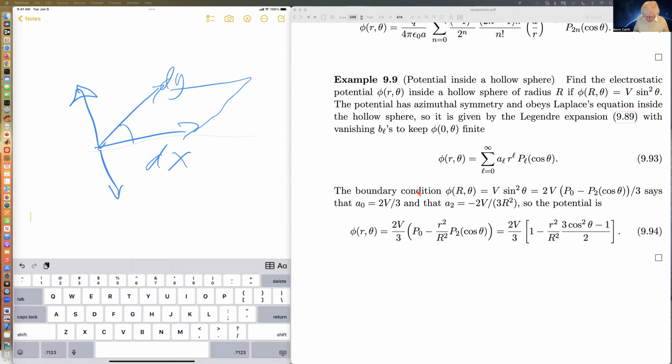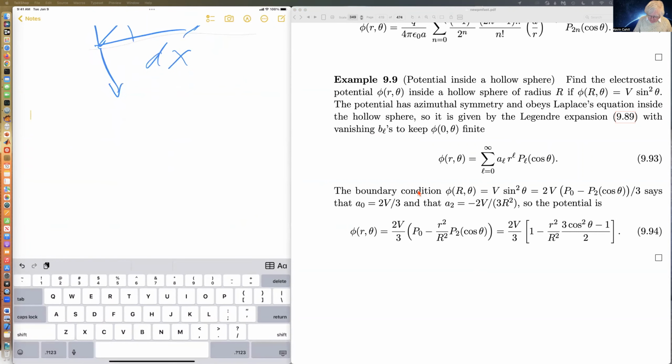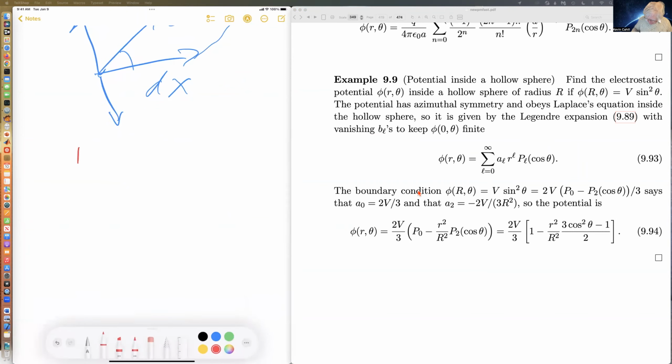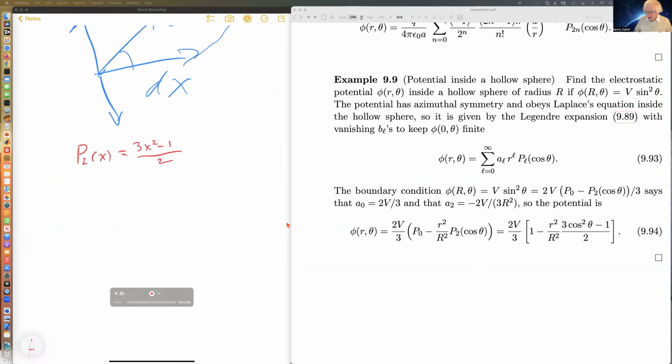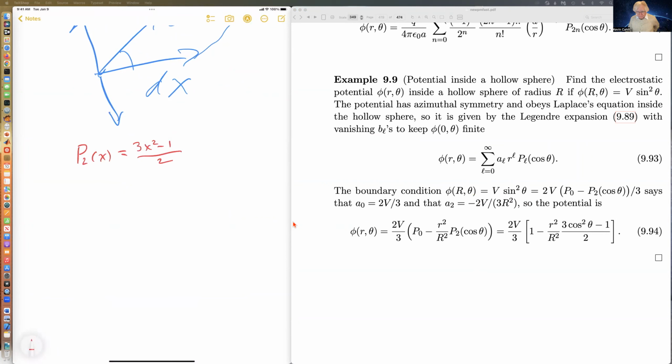Anyway, the point here is that P2 of x is 3x squared minus 1 over 2, if I remember correctly. And of course, sine squared is obviously 1 minus cosine squared theta.